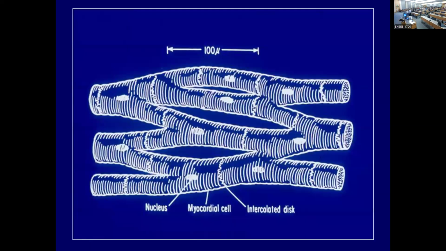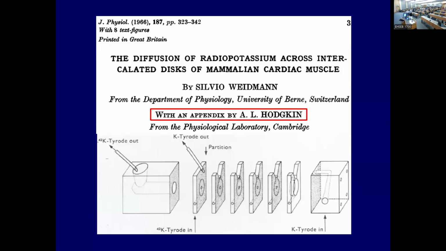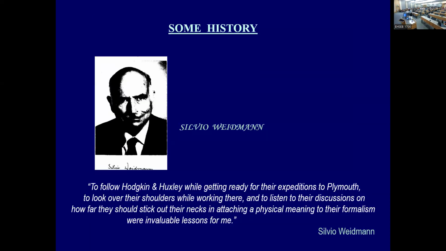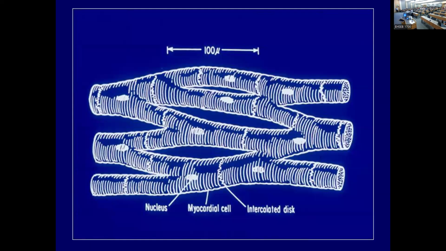So we all know that cardiac tissue is really not one big pie. It's composed of small cells that are roughly 100 microns in length and 10 microns in diameter.